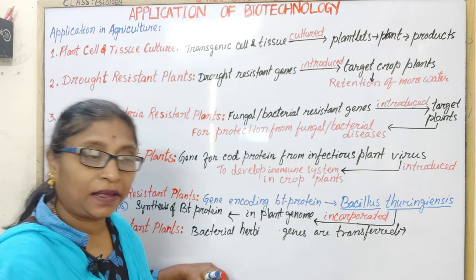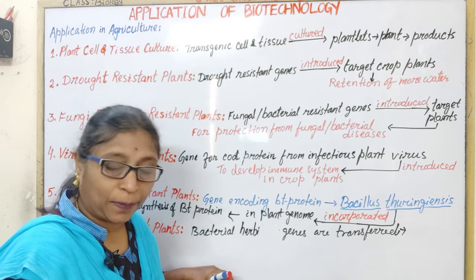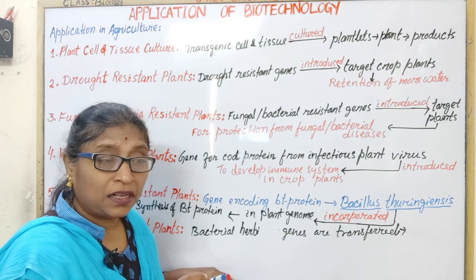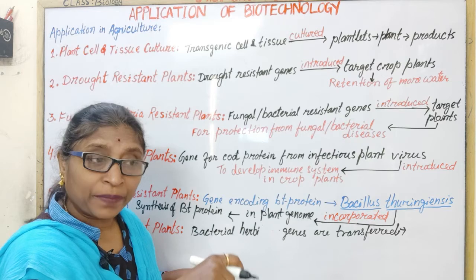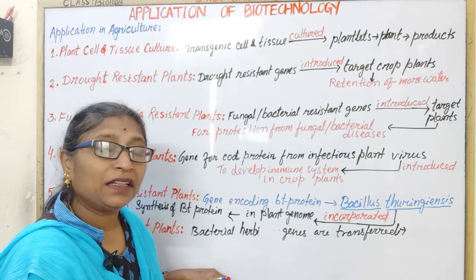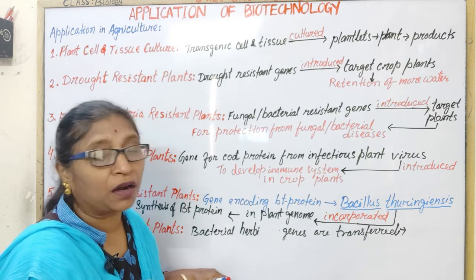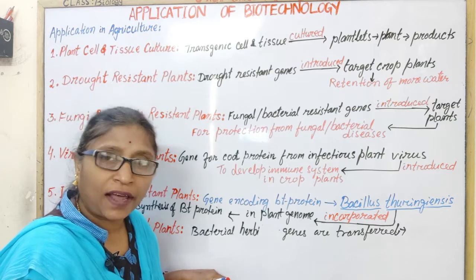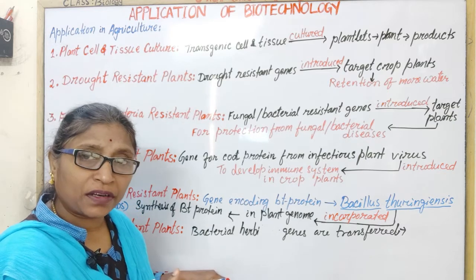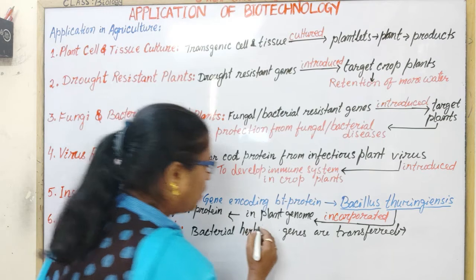Some bacteria are resistant to herbicides. Herbicides are sprayed on the crop plants to kill the wild herbs which do not have any economic importance.